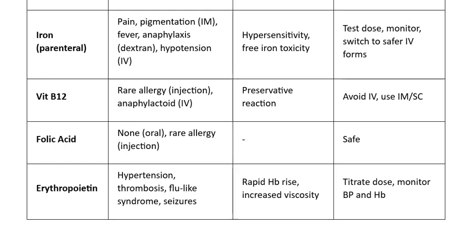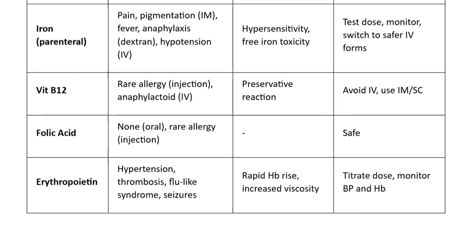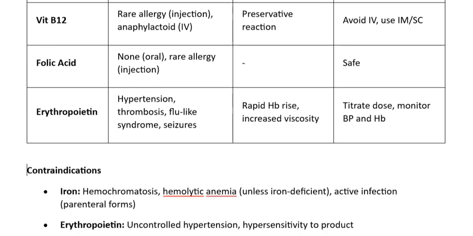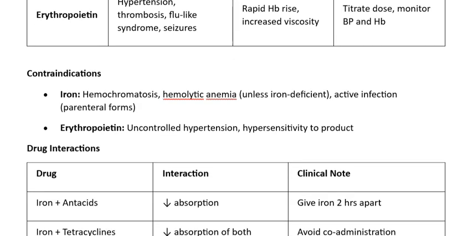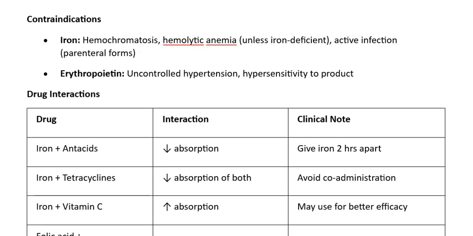These effects are thought to be related to the rapid increase in red blood cell mass and blood viscosity, making the blood thicker, essentially. Managing this involves careful dose titration, starting low and adjusting based on response, and close monitoring of the patient's blood pressure and hemoglobin level. So you're kind of trading the risks of anemia for potentially other risks if it's not managed very carefully. It's always a balance of risks and benefits in medicine, isn't it? And it requires careful, ongoing monitoring.